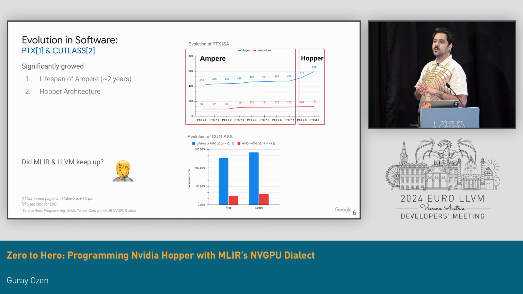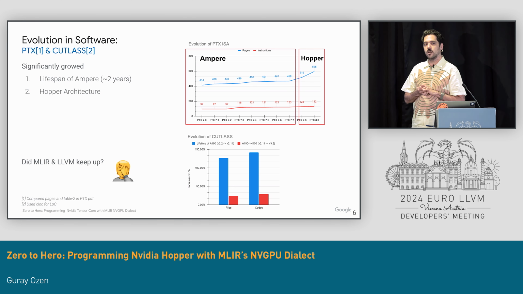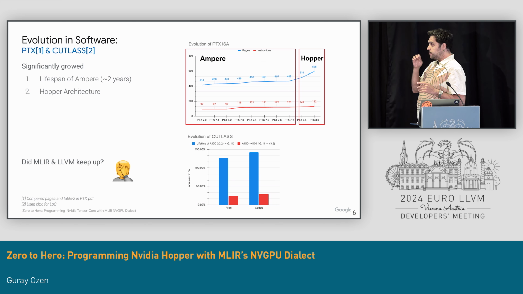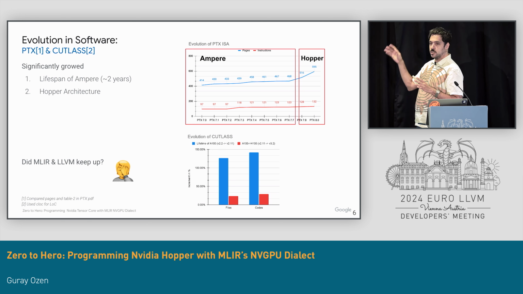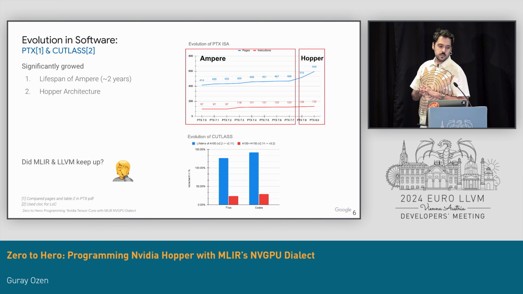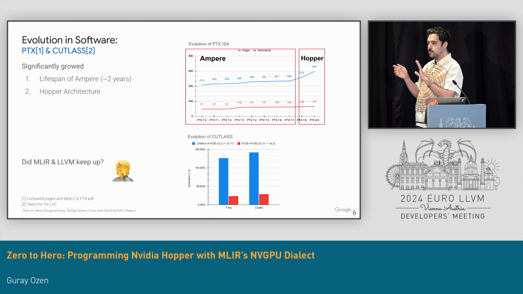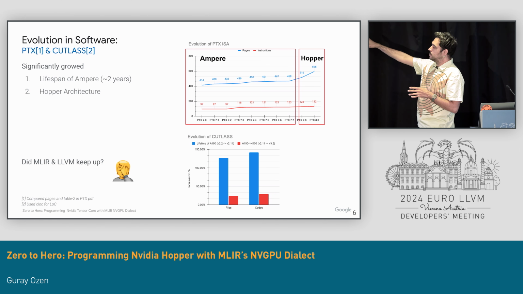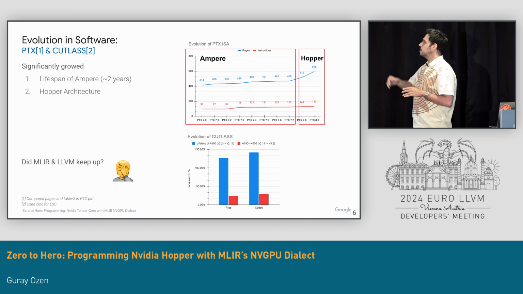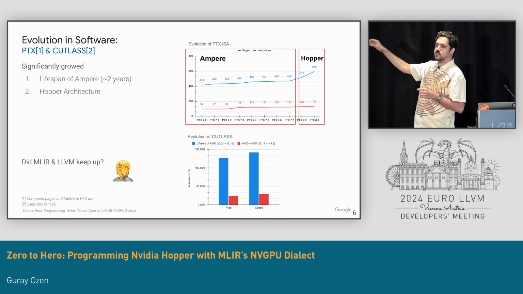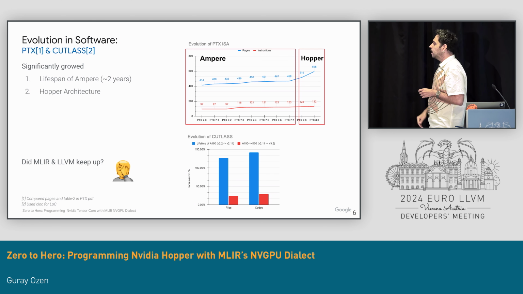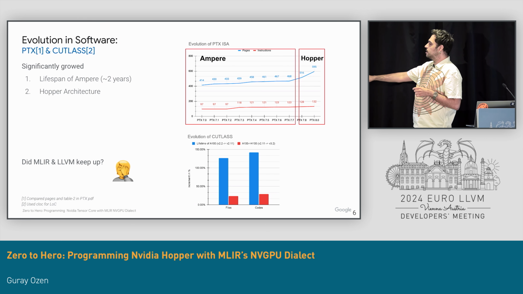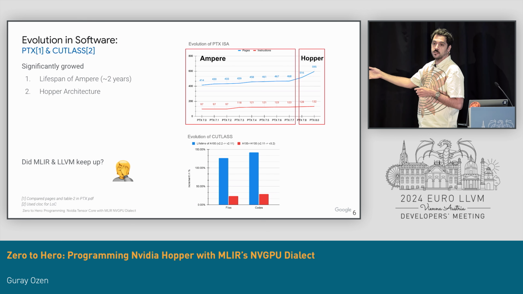How much work? I did some quick research in NVIDIA software. I took their PTX, the virtual instruction set, and I took CUTLASS, their open source matrix multiplication library. I analyzed the PTX in the upper graph and CUTLASS in the lower graph. I checked the increase in the number of instructions, and the lower one shows the increase in code size.